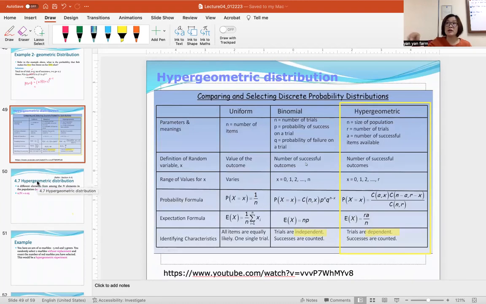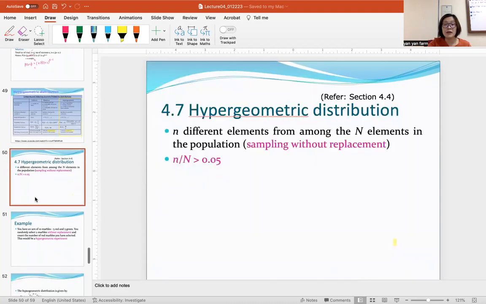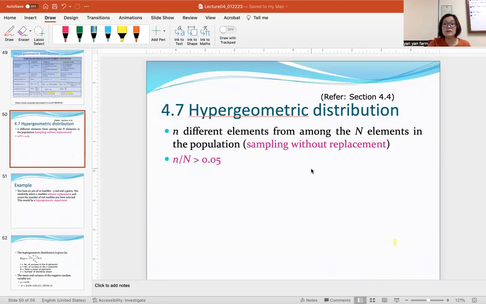If you take out some lucky draw, for example, you take it out, you're not putting that back. So you are doing hypergeometric. And there is another rule for this: your selected sample over the big population, the ratio should be more than 0.05. And you are doing sampling without replacement.